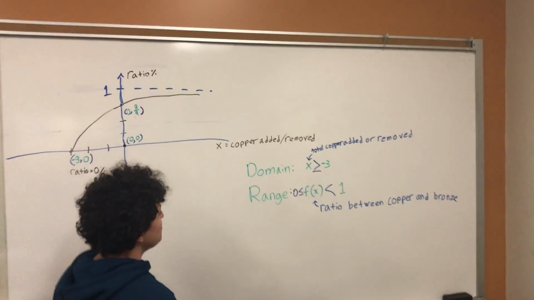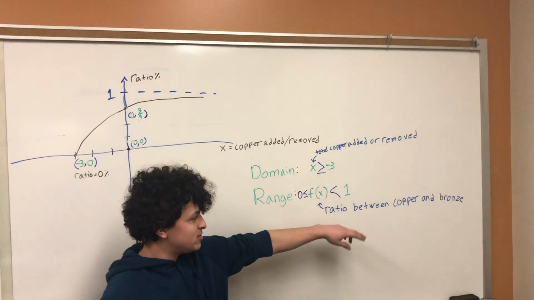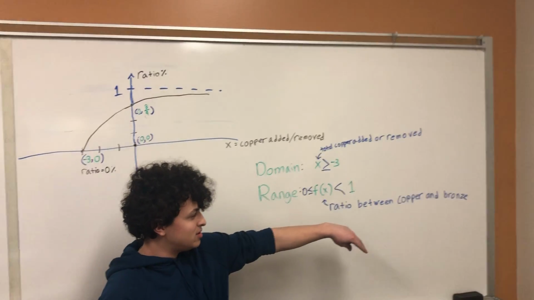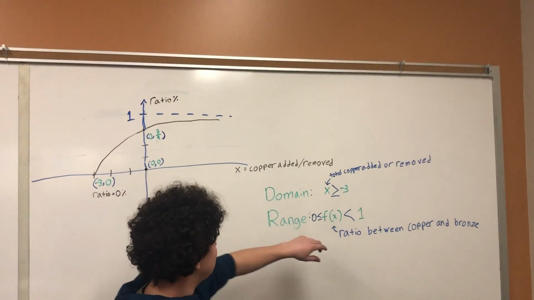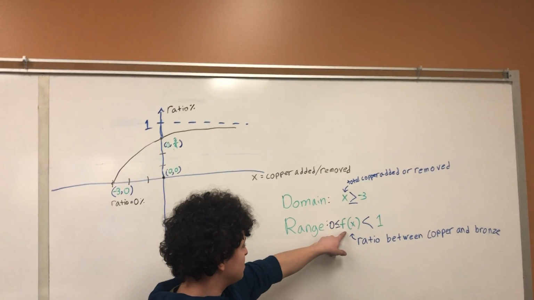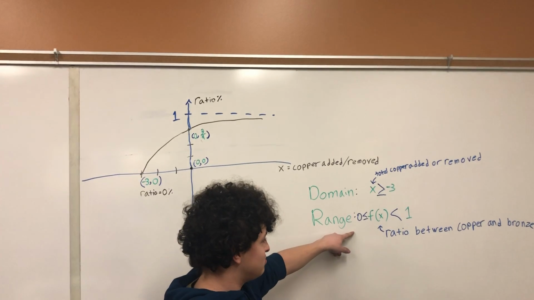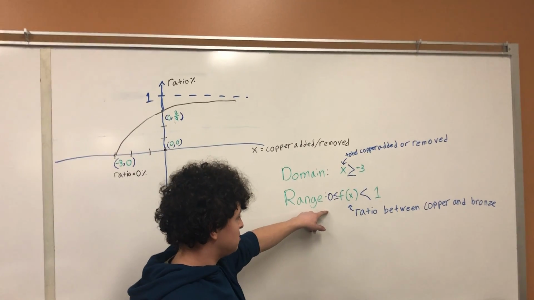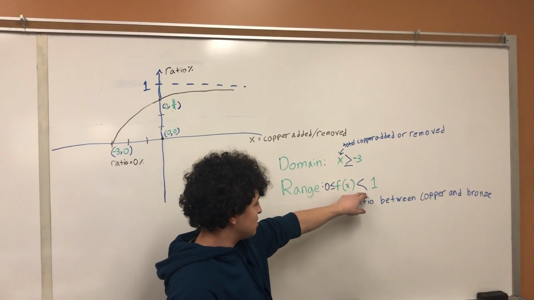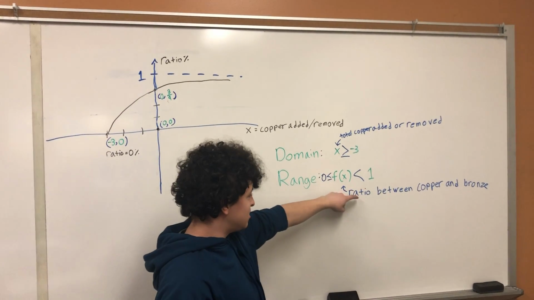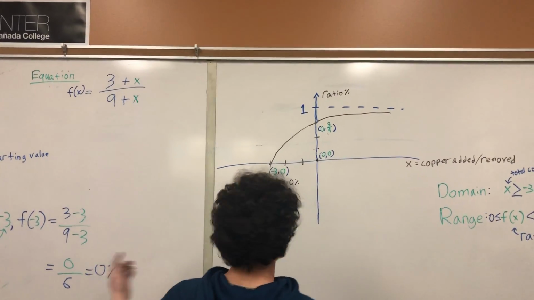So the range is the ratio between copper and bronze. f of x has to be greater than or equal to 0 because you can't have a negative percentage, and it cannot be 1 because of the tin that was present before, which is 6.